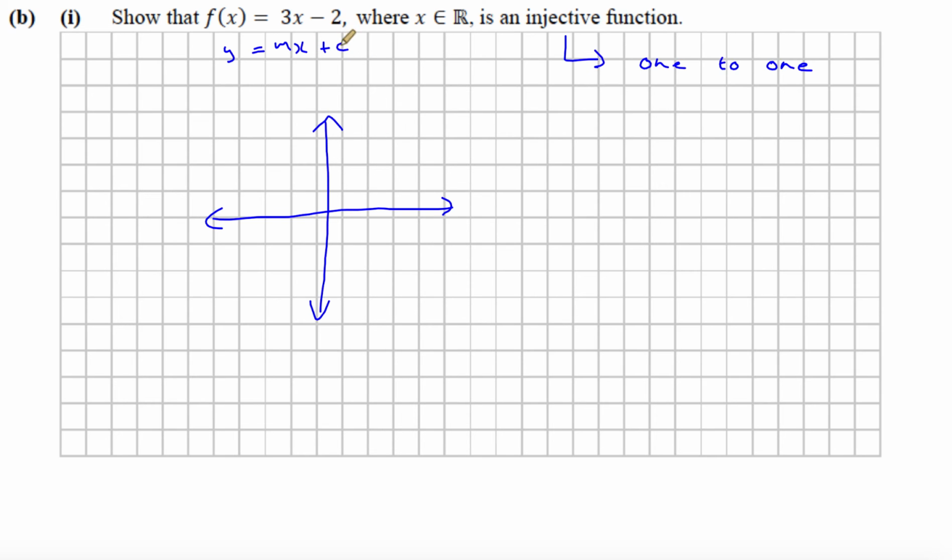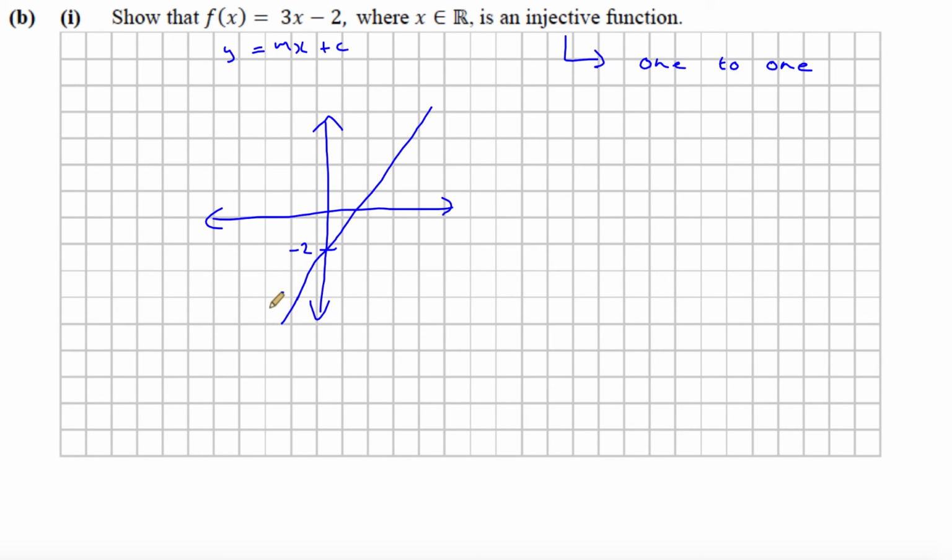So we can see here that the plus c is minus 2, so it's going to cross at minus 2, and it's going to have a slope of 3, so it's going to be something like that. It's going to be going up like that roughly.